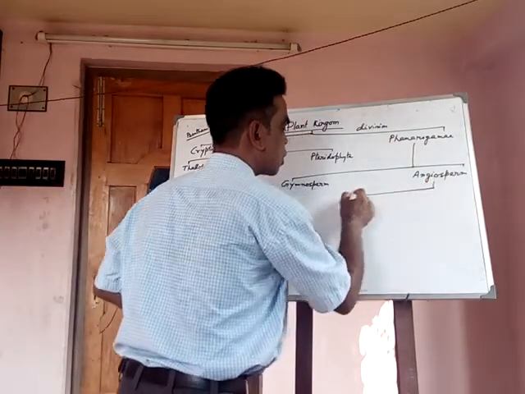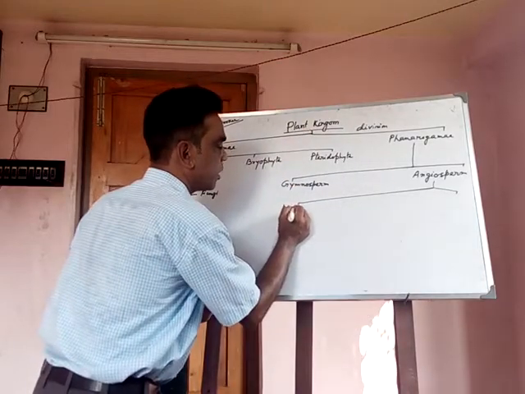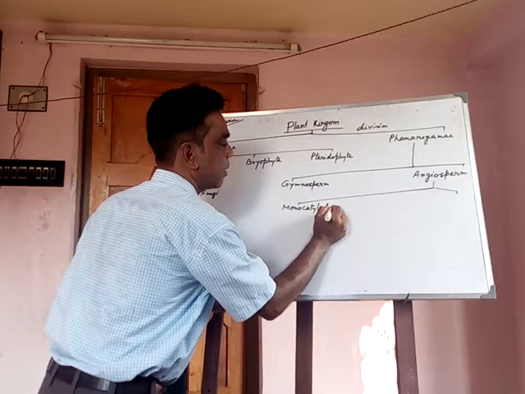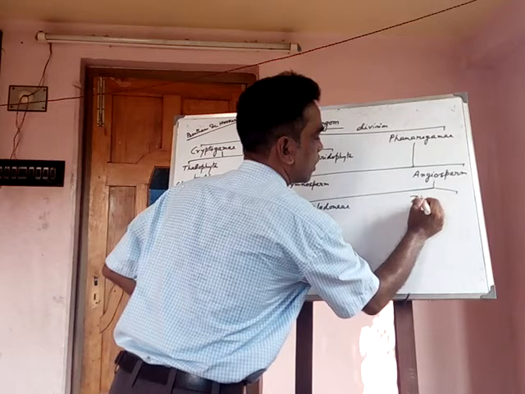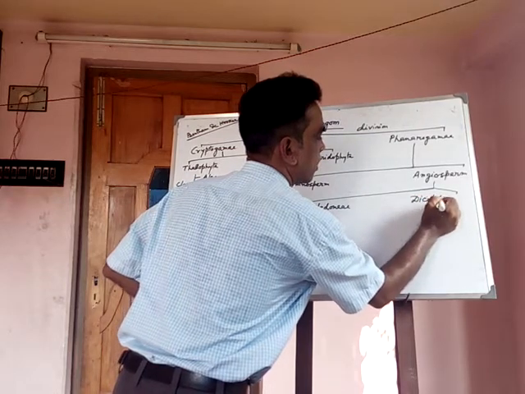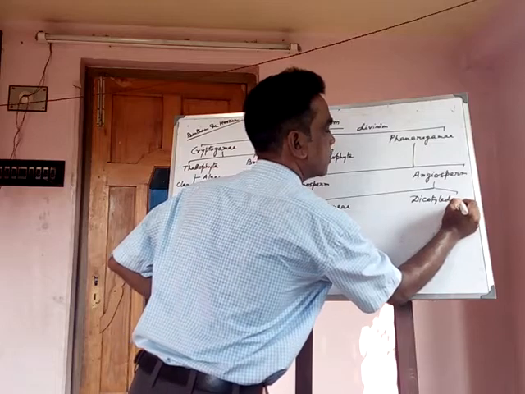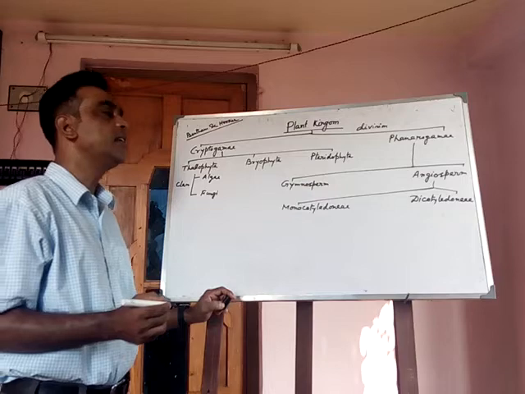Angiosperm is of two types: one, monocotyledon, and two, dicotyledon. What is cotyledon?